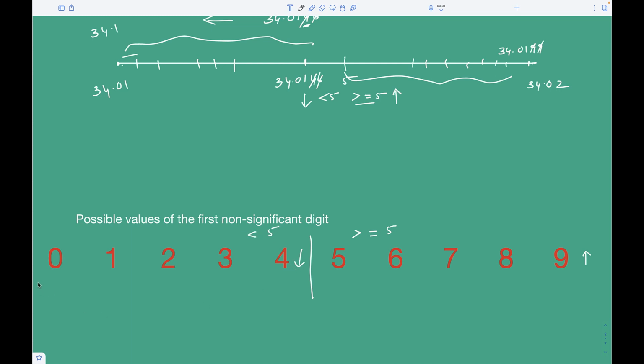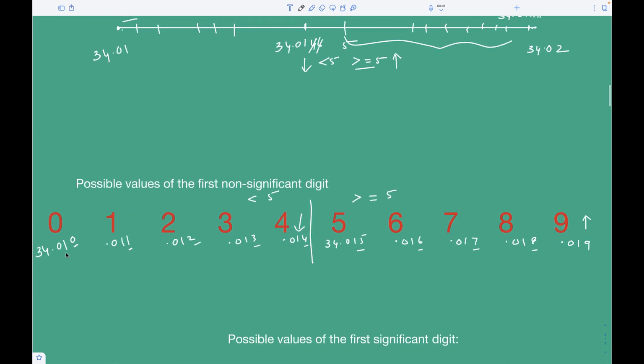So when the value is 34.010, this is the first digit to be dropped, or 34.011 or 012 or 013 or 014, round it down. If it is 34.015 or 016 or 017 or 018 or 019, round it up.